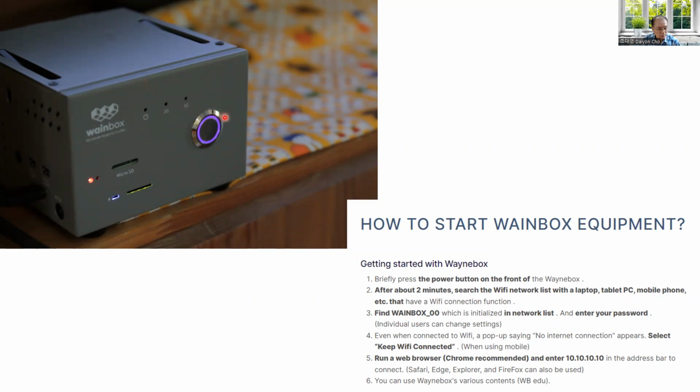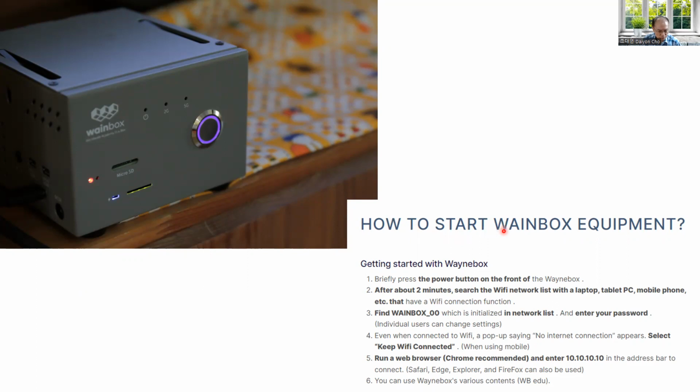Because it is using Wi-Fi, it works in an area where there is no internet, or we can even connect this box to a solar panel. So even if there's no electricity, you can still use this equipment.